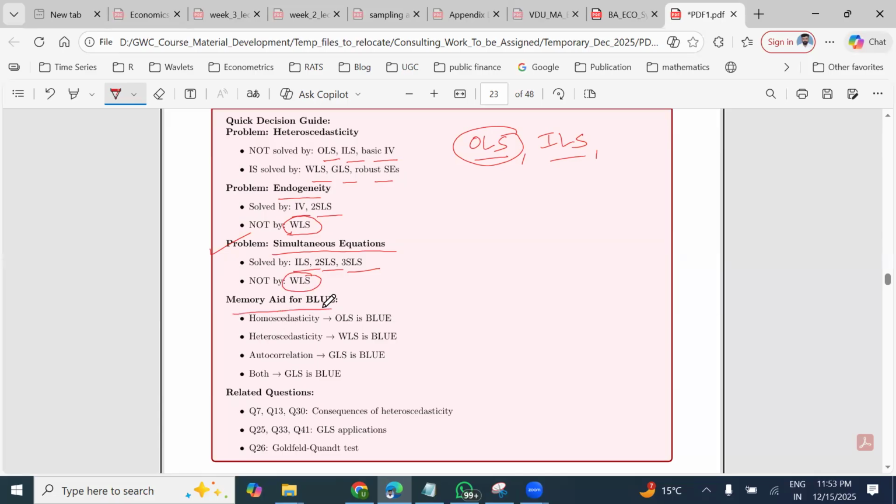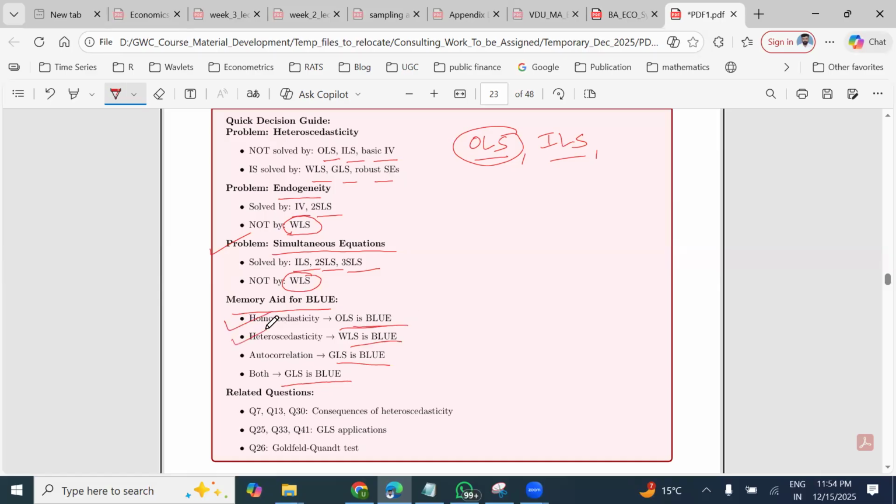How will you remember OLS is BLUE, WLS is BLUE, GLS is BLUE? Are you getting it? How will you link it with OLS, WLS, GLS? In case of homoscedasticity, OLS is BLUE.